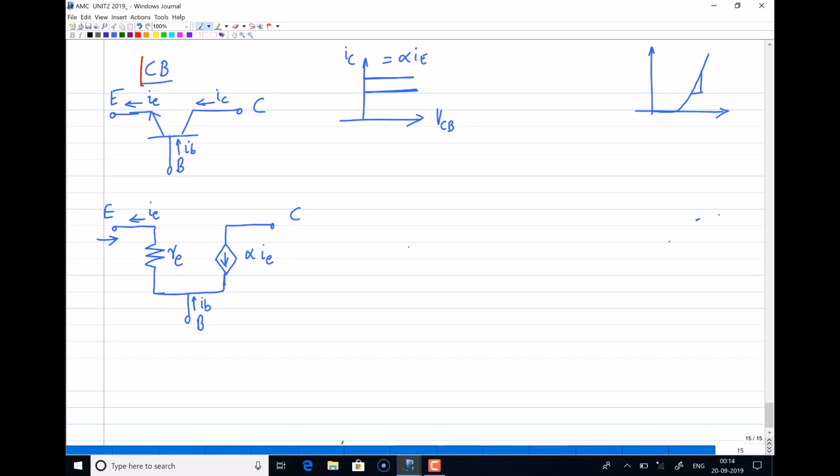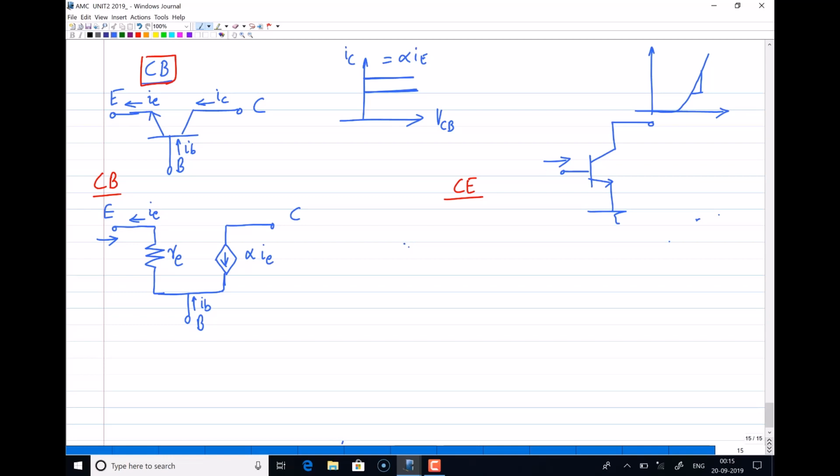Now the same thing I can draw for common emitter. So what is the difference? This is common emitter, so I need to draw the resistance seen into base.